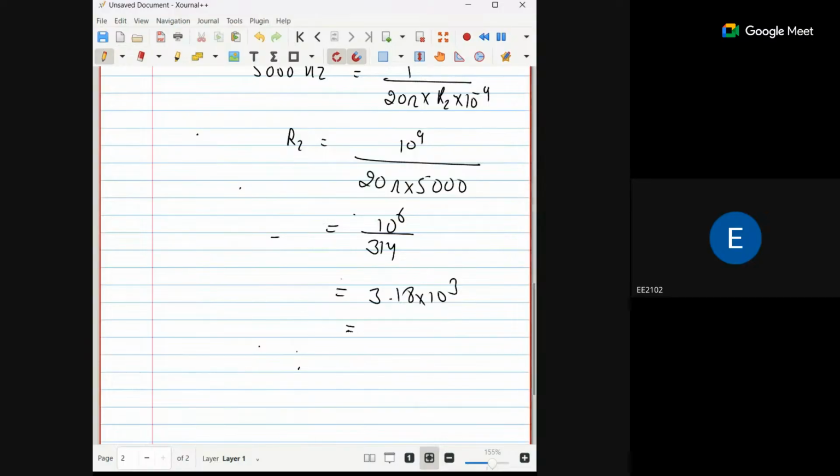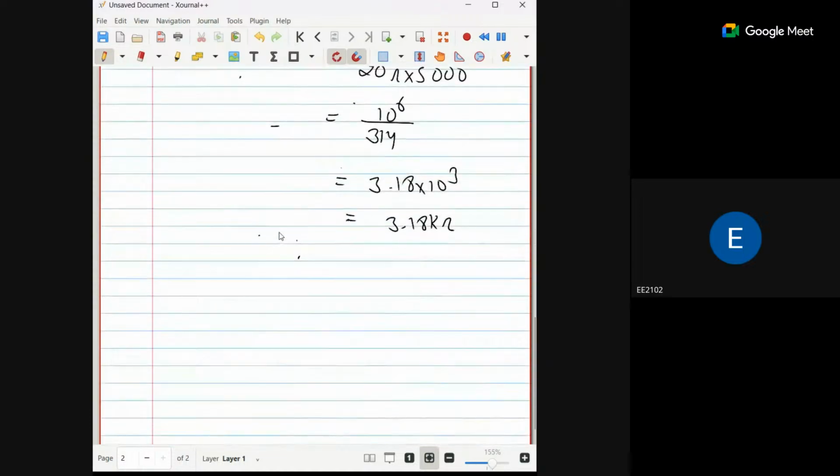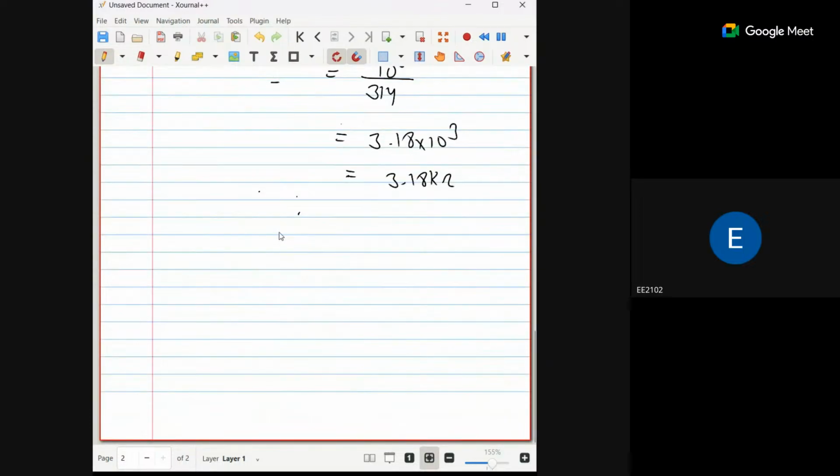So it will be 3.18 kilo ohm. Okay. Is it correct? Therefore, we can now do the second question.